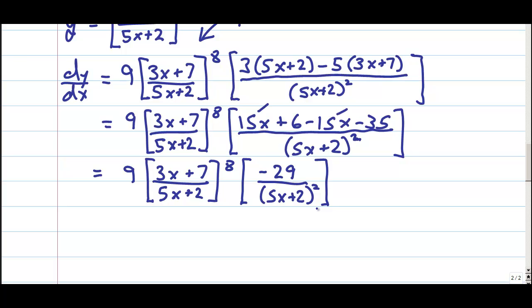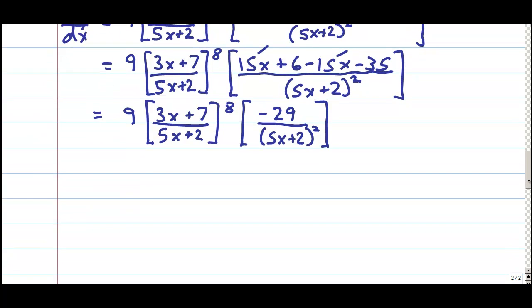Okay, now one of the things we can do a step further, we can simplify. Here's what we've got. We've got 9 times negative 29. I'll just put this together with the 9. Times 3x plus 7 to the 8th. And now look at this. Here's 5x plus 2 to the 8th, 5x plus 2 to the 2nd.